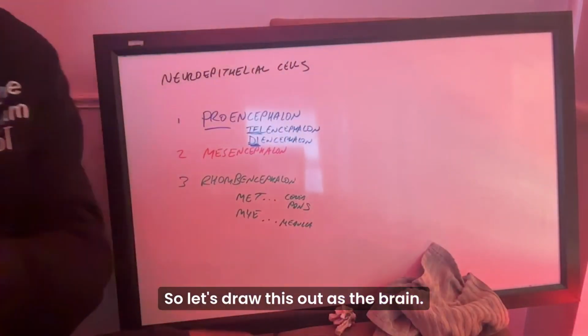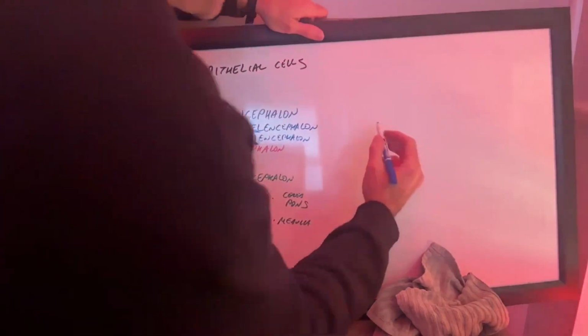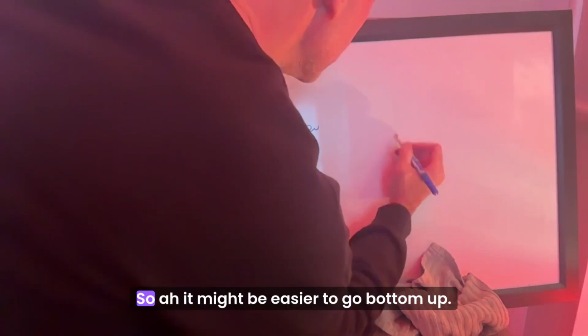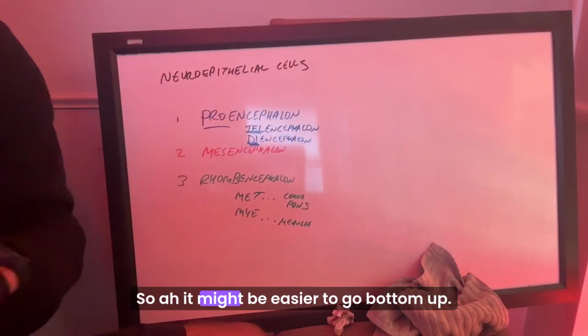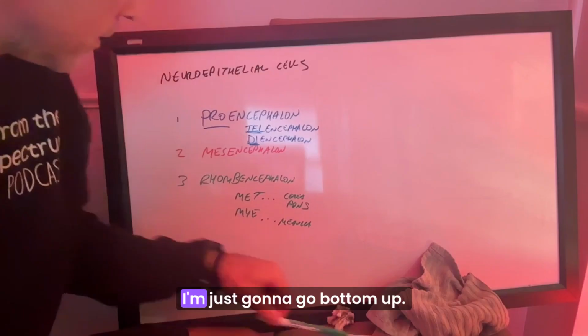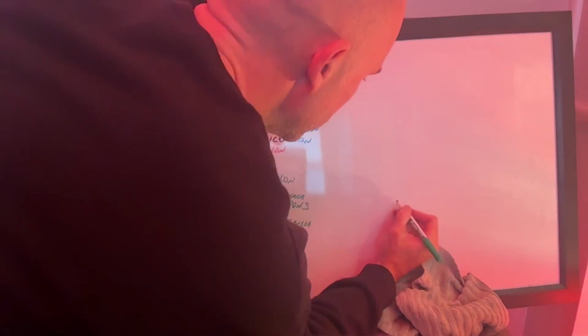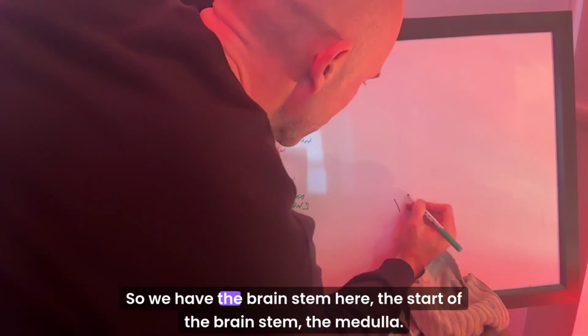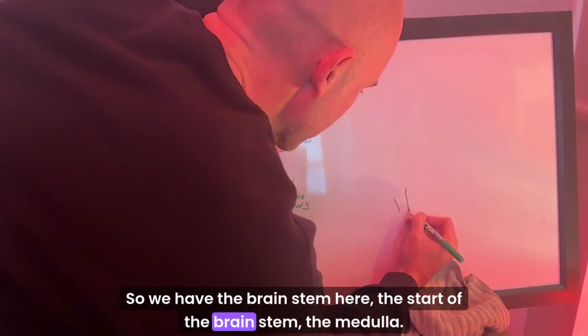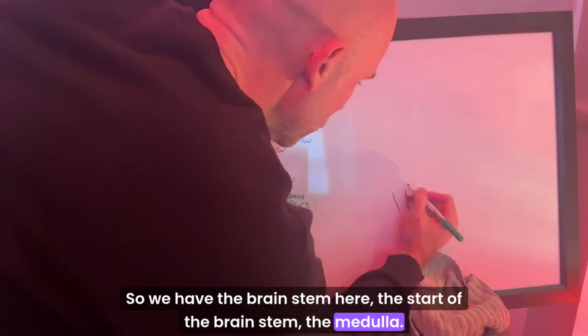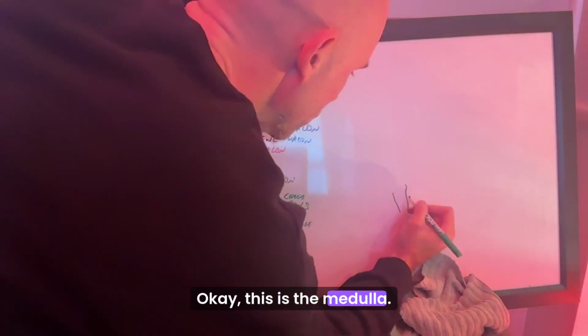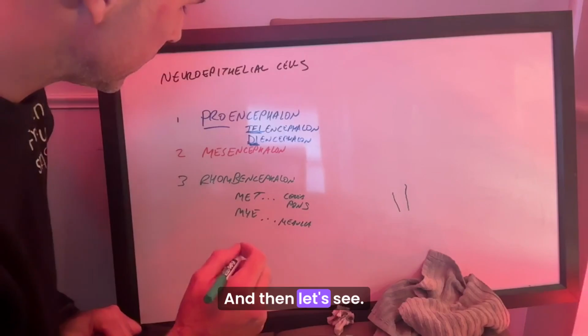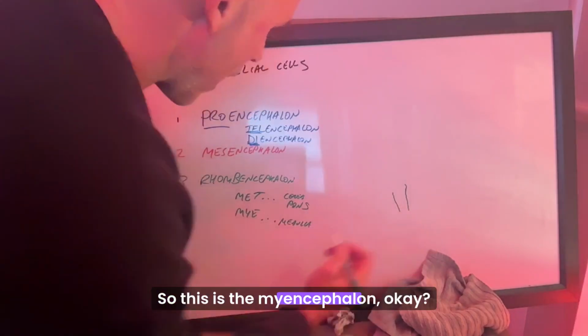So let's draw this out as the brain. It might be easier to go bottom up. So we have the brainstem here, the start of the brainstem, the medulla. And then this is the myencephalon.